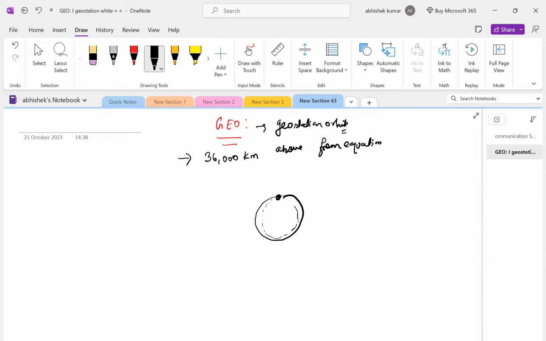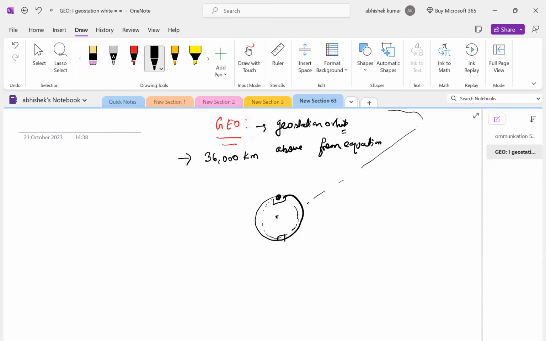Also, since it is placed at a very large distance from the equator, it can cover a large part of the Earth's surface. Only a few points in the northern or southern hemisphere are not covered, but except for that, 95% of the Earth can be communicated with using this geostationary orbit.